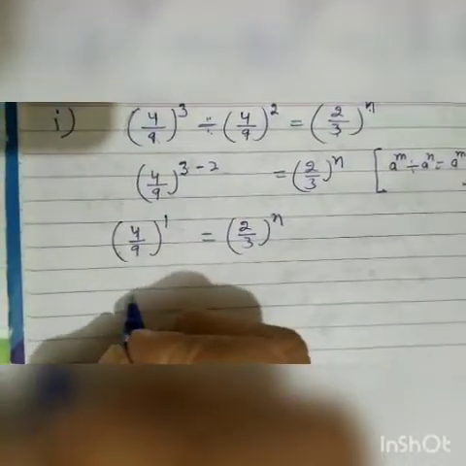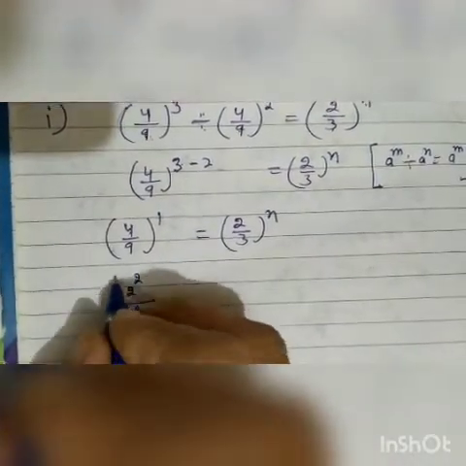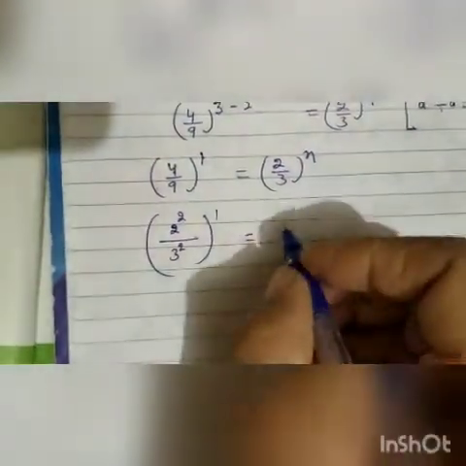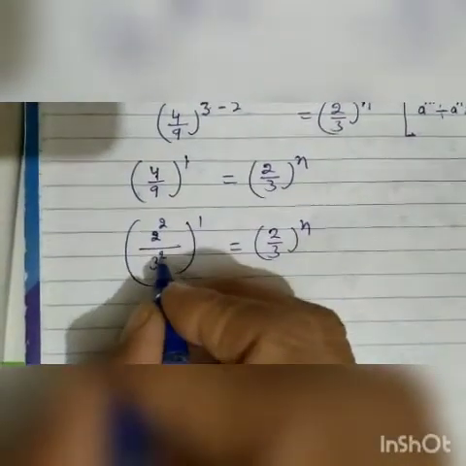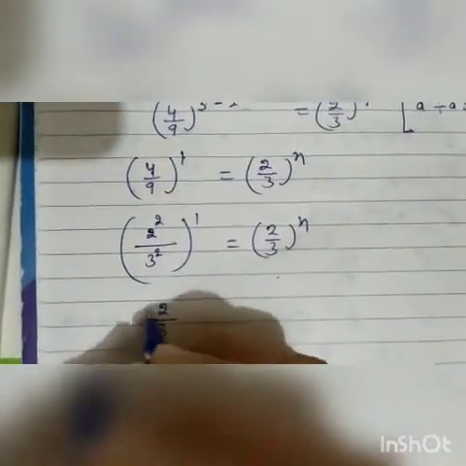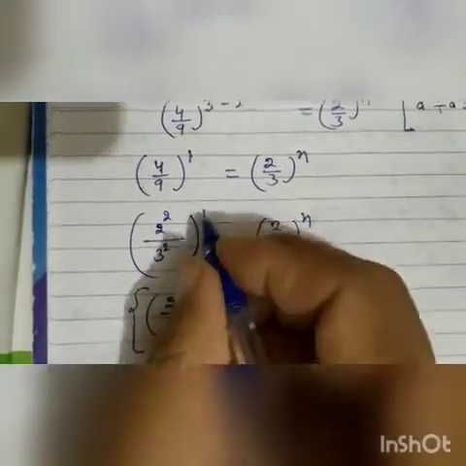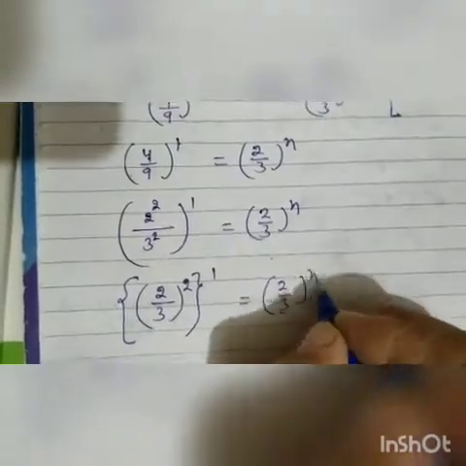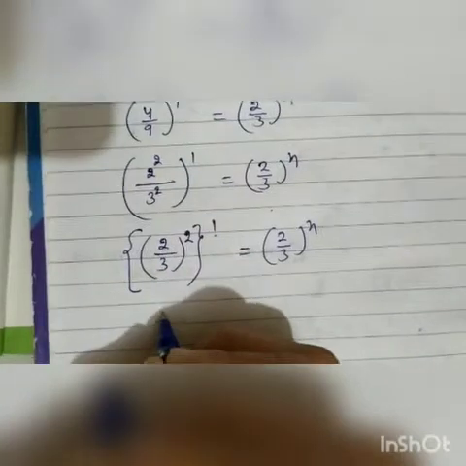Now this 4 can be written as 2 power 2, and 9 can be written as 3 power 2, whole power 1 is equal to 2 upon 3 power n. Now both the powers are 2, so we can write 2 upon 3 power 2, then whole this power 1 is equal to 2 upon 3 power n. Now here we will use the power law of exponents.